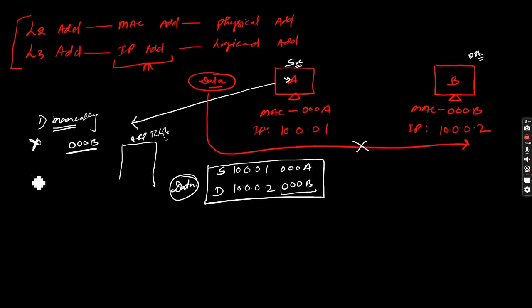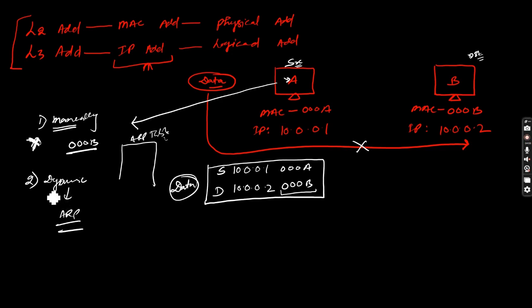Apart from that, mostly you will not find this static way. We do not use it. The second method is the dynamic method, and that's where you go for a protocol known as ARP, Address Resolution Protocol. This protocol will help you resolve the MAC address of your destination system by using the IP address. So manually it is possible, a static way it is possible, but we do not use it.